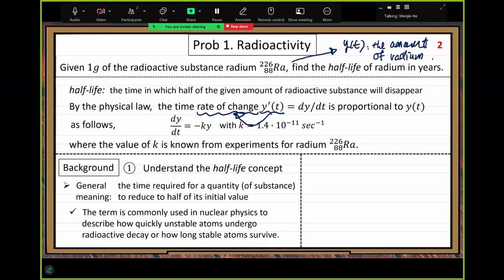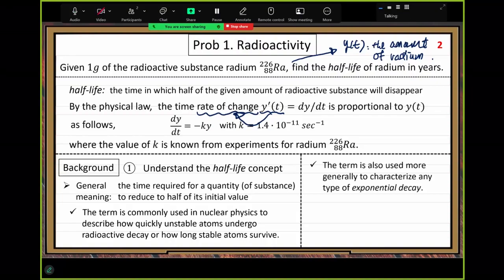For unstable, the half-life is a very small number. So after a short period of time, the original amount is reduced by half. So we can use this concept for those two cases.